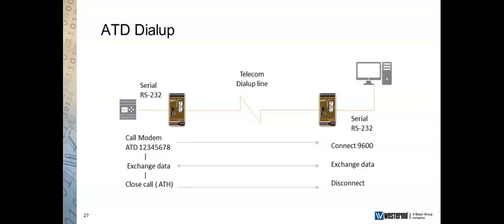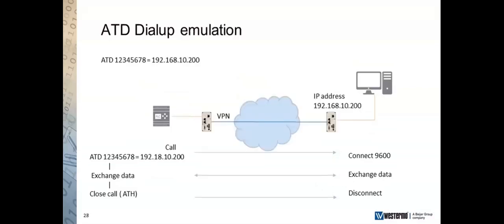So how can that be emulated, or how can that be replaced? Quite literally, we can follow the same process with ATD dial-up emulation, where instead of the serial message forcing a modem to dial a connection to the other side, the interface within the routers themselves converts that ATD dial-up stream into an IP address.